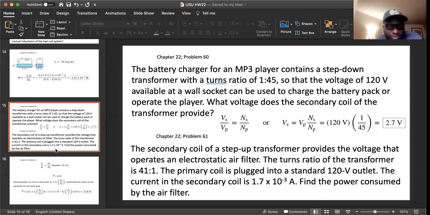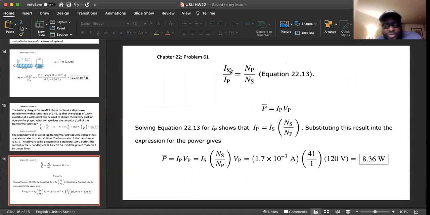And then the last problem, chapter 22, problem 61, is the same thing, but this time around, the current ratio is inverse. So current in secondary over current in primary is the number of turns in primary over the number of turns in secondary. So from here, we have the power to be current times voltage, okay? So what is the current right here?